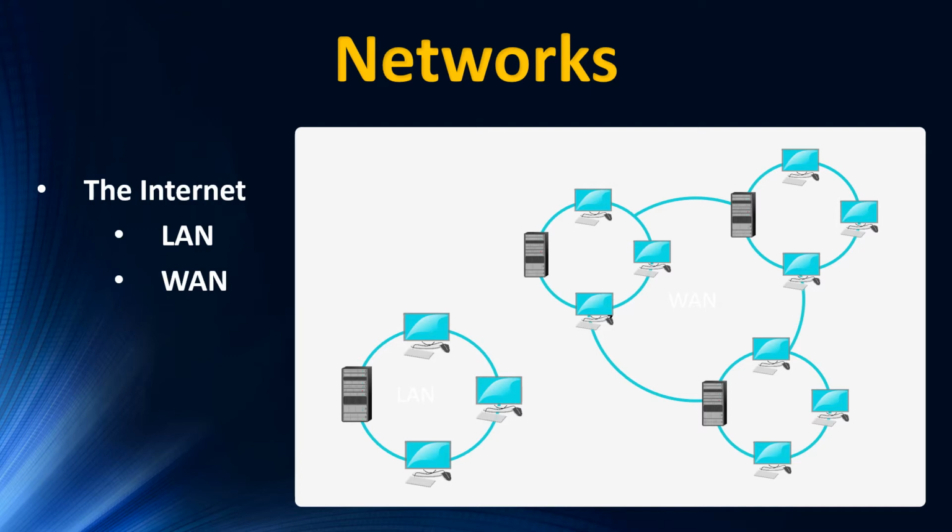Or you can even have it across different buildings, but you don't want anyone from the outside to be able to get your information. So a local area network is like your office building. A wide area network might be a university where you want to be able to share servers across multiple buildings. The largest wide area network is, of course, the internet.